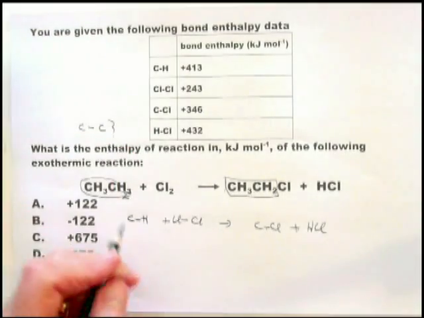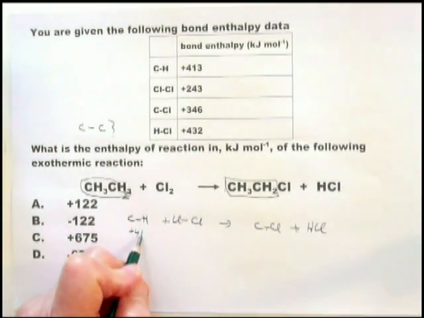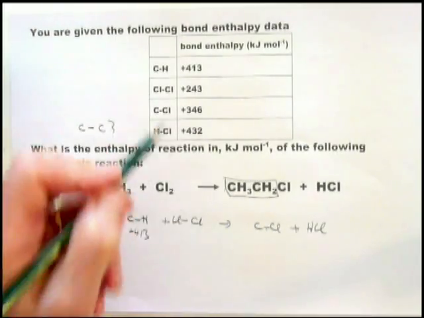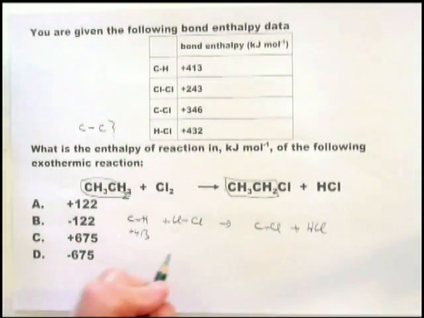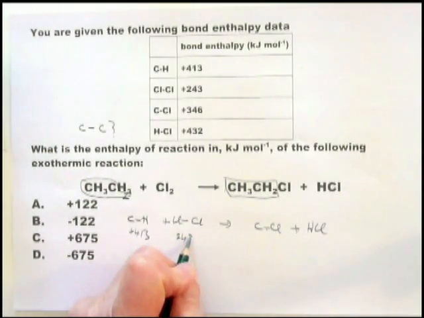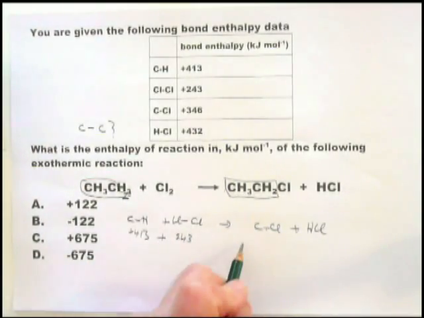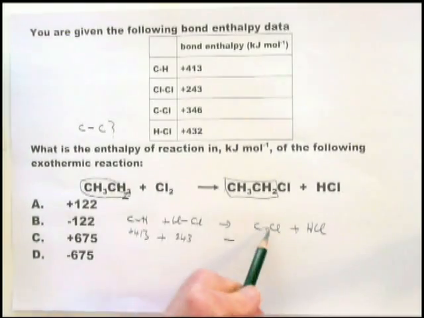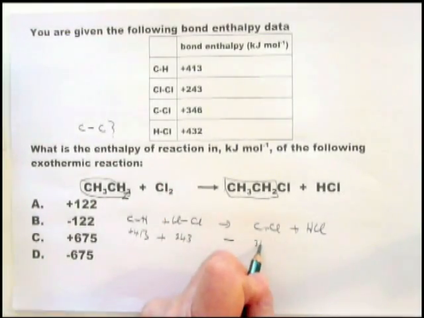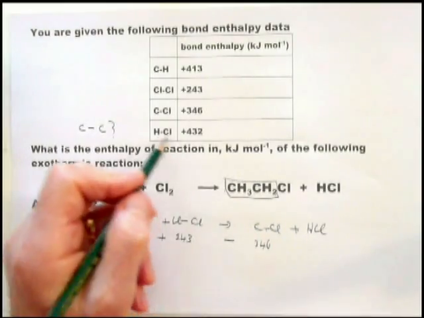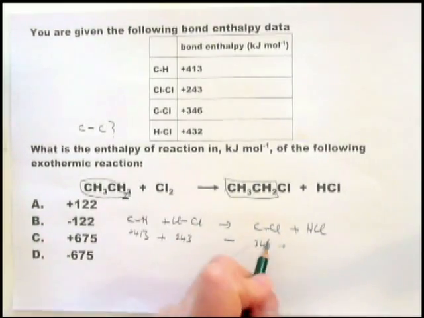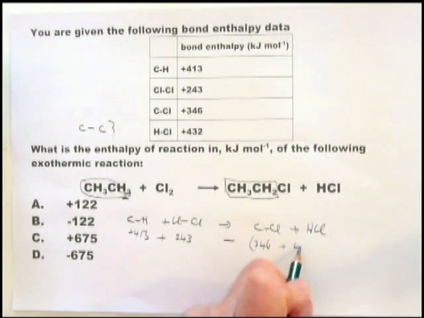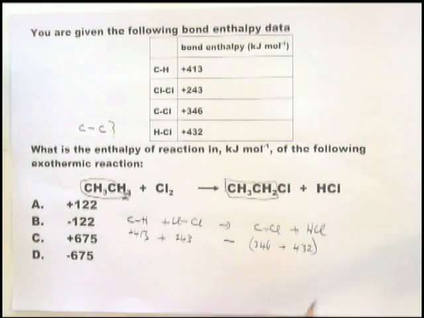So what is C-H? That's plus 413. Cl-Cl, and they put it in order for you as well, 2, 4, 3, that's plus, and then it's minus C-Cl 3, 4, 6, and there's the 4, 3, 2.